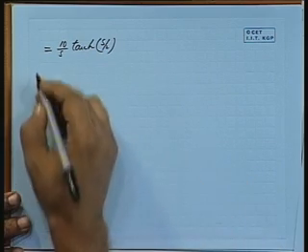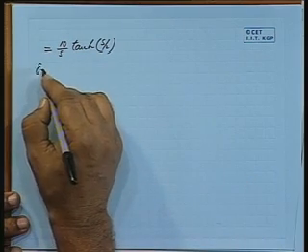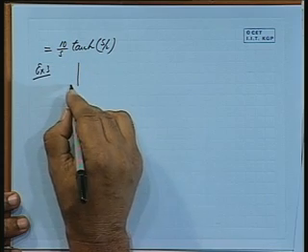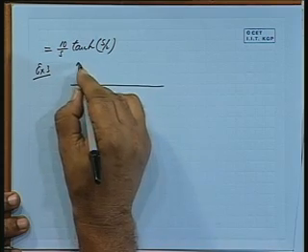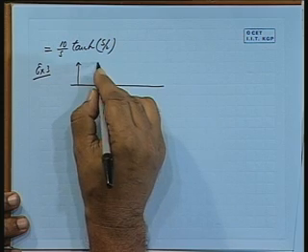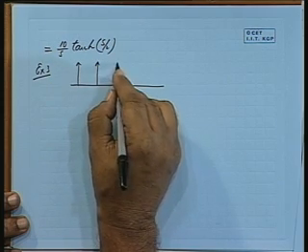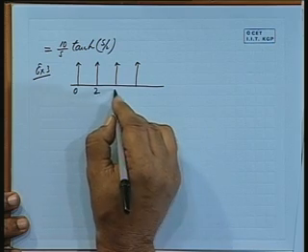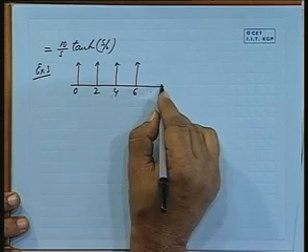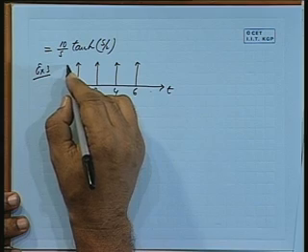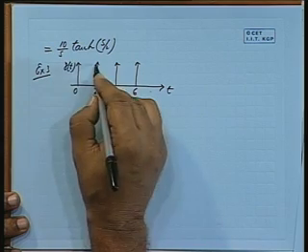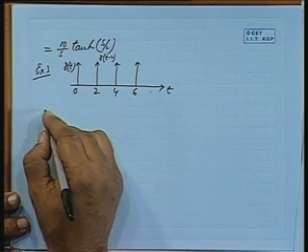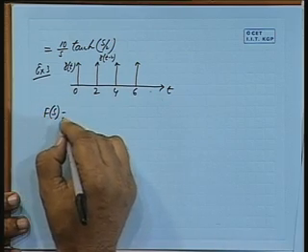Okay. Another example, if I have a pulse train at 0, 2, 4, 6 and so on. This is delta t, this is delta t minus 2 and so on. So, what will be F(s) for this?